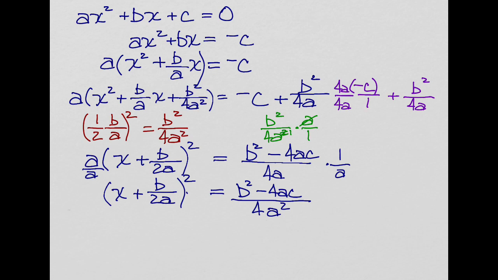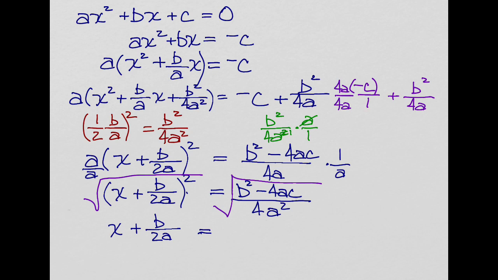Time to take square roots. When I take a square root on the left, I'll get just what's underneath there. I'm unsquaring, essentially. So I have x plus b over 2a, not squared anymore. When I take a square root on the right, there's nothing I can do on the top because there's that minus in there, so I can't take square roots of b squared and 4ac separately or anything like that.